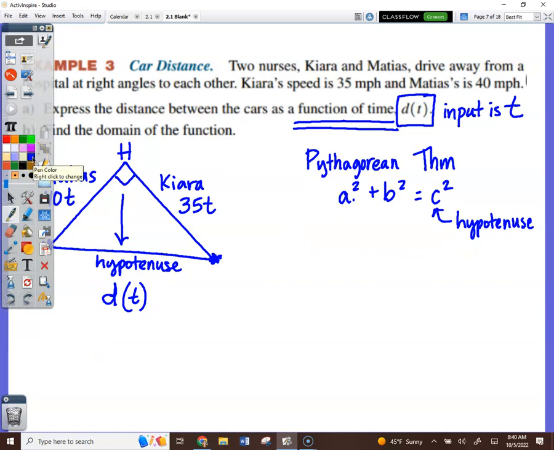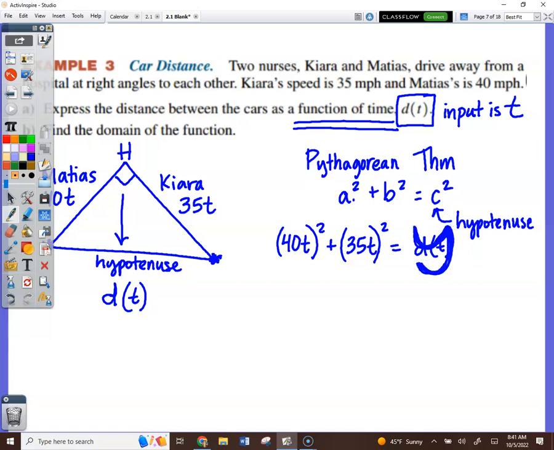Okay, so I'm going to plug in 40t in parentheses, 35t in parentheses, and then this is d of t. Now that is just the expression d of t, right? When you put that, it's a name. It's like one big fancy y.